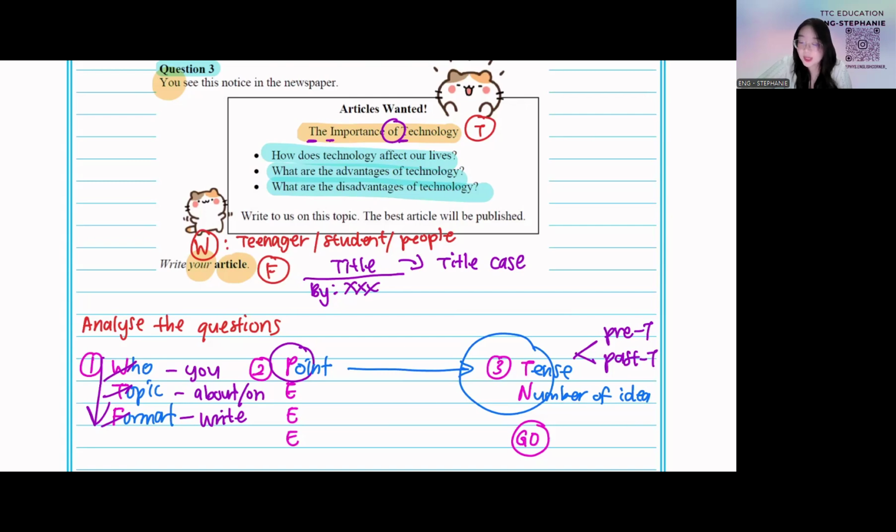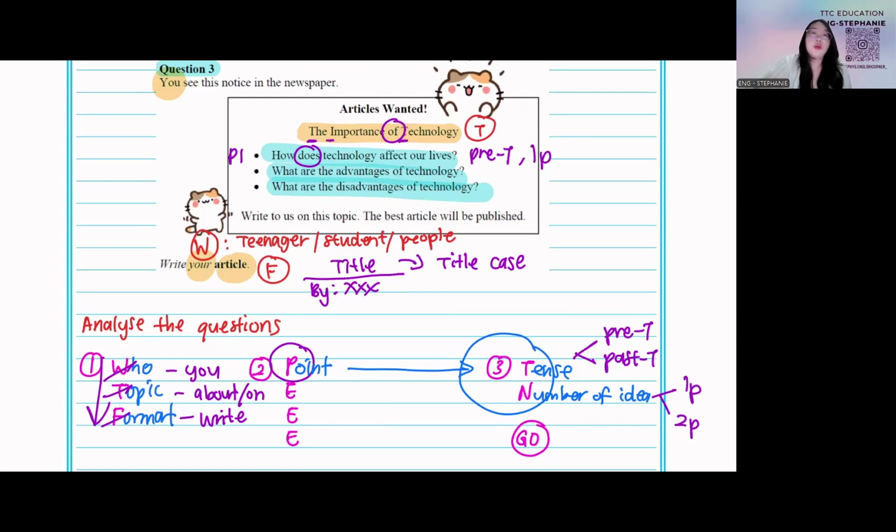Number of ideas is always singular or plural. Do they only need you to elaborate further with 1 point, or do they need you to mention at least 2 points? So for example, this is your P1. How does technology affect our life? Here they're asking how does. And by looking at the word does, we know that this is definitely in present tense, and thus it is usually 1 point.